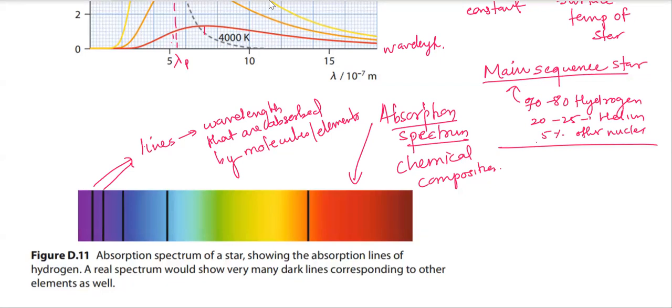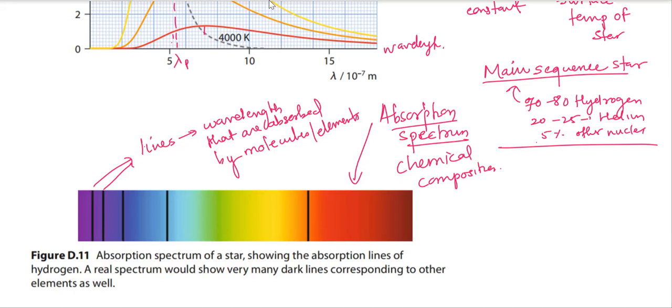Now, in some stars, you will see that the hydrogen lines are not seen. The reason why hydrogen lines are not seen is that in some cases the radiation ionizes the hydrogen. Ionizes means it knocks the electron out of the hydrogen atom.